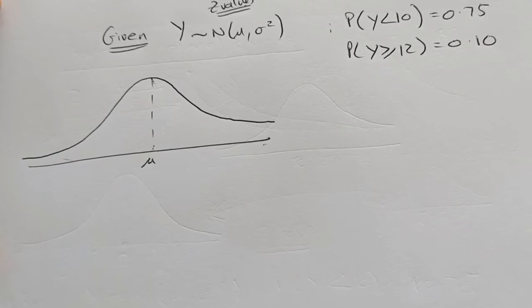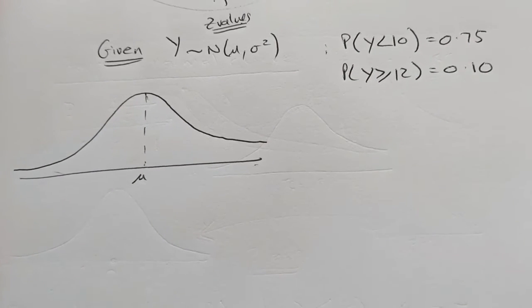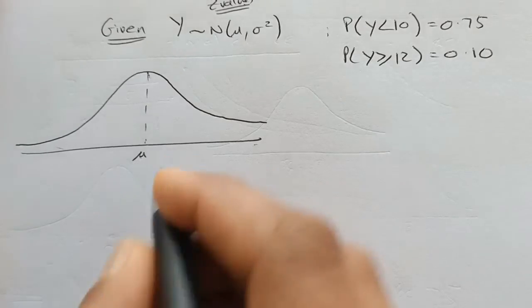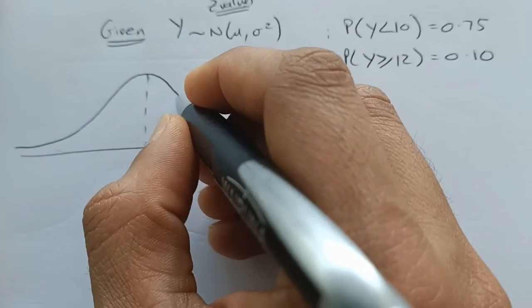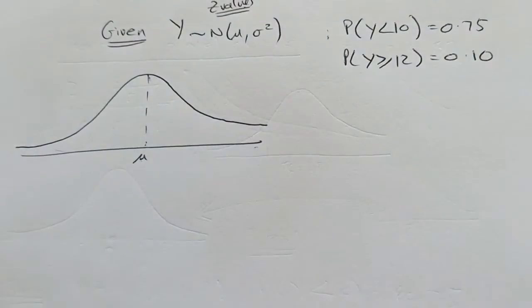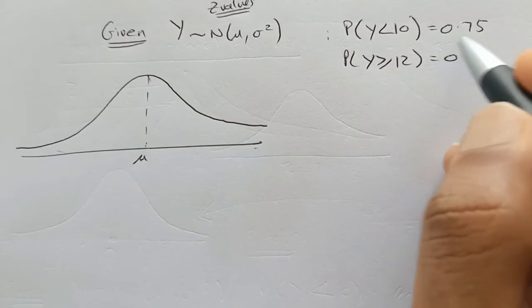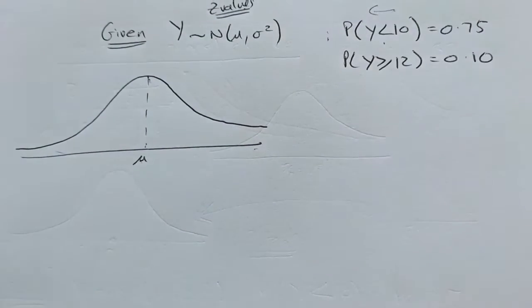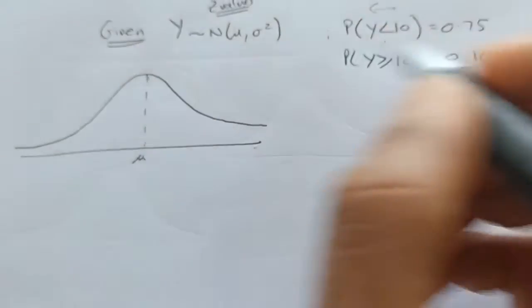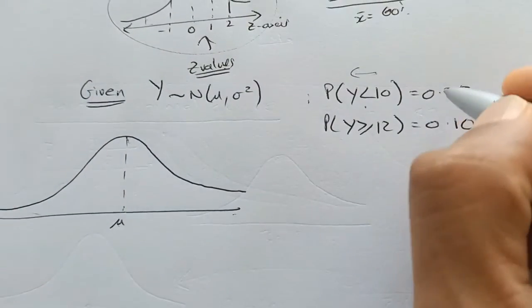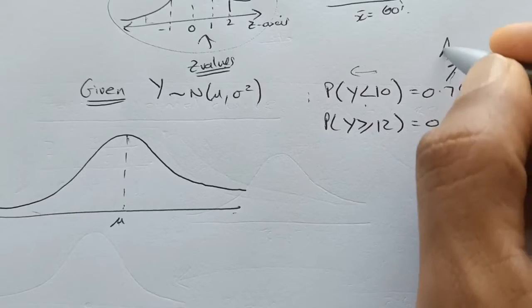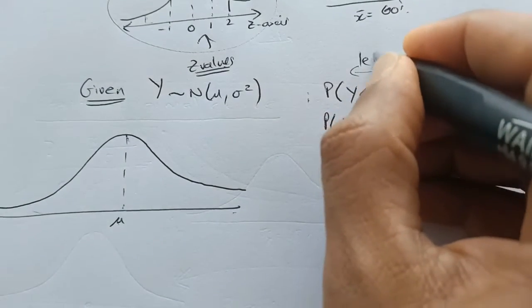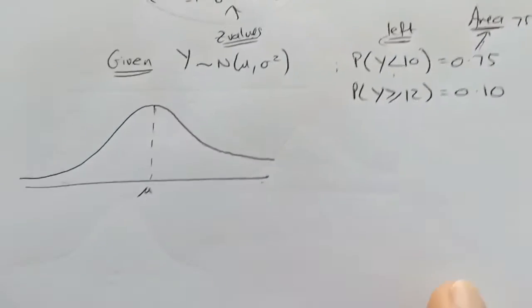If I have my original x values in place, then I'll have a mean of mu and a standard deviation of sigma. But I also know that I want an area of 0.75 and it must be less than a number. When it's less than a number, it's got to go left away from the number. The area underneath that curve has to be 0.75 or 75% of the curve to the left of a number, and that number is 10.